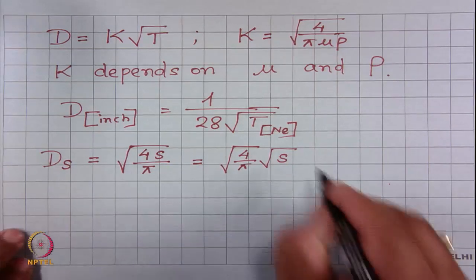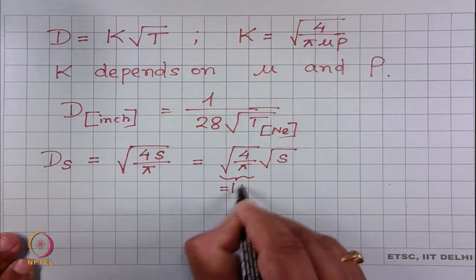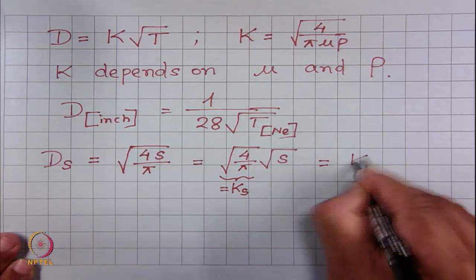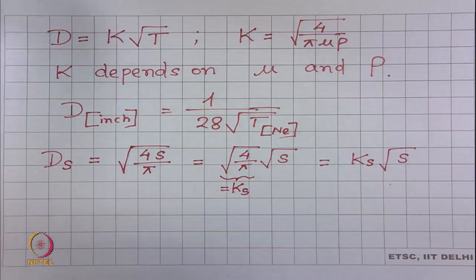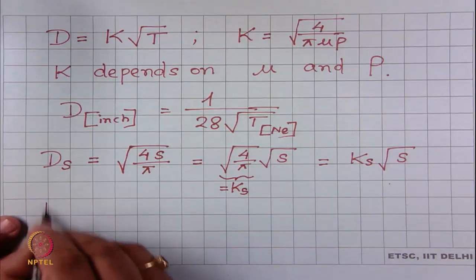So, this is a constant, let us say K s, then we can write this expression as K s root s. This K s, what is K s?